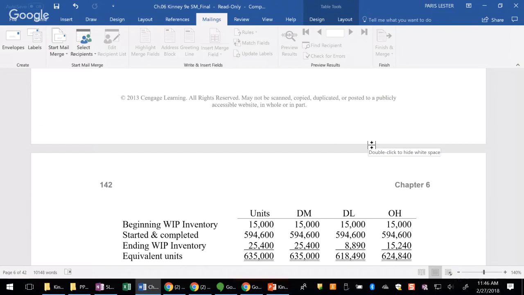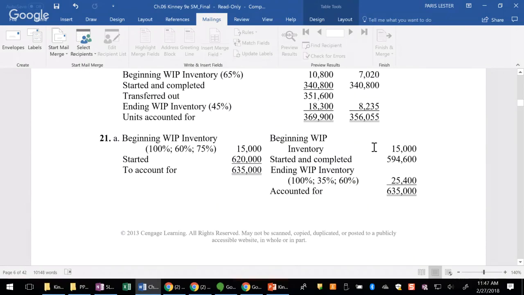All right? So wait, but when it says about the beginning inventory, because right now we are using the method of the transfer out. Then ignore it, forget the inventory. Yeah. But how many was transferred out here? I got 609,600.